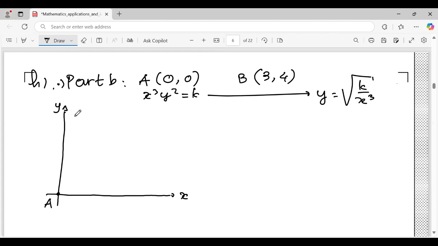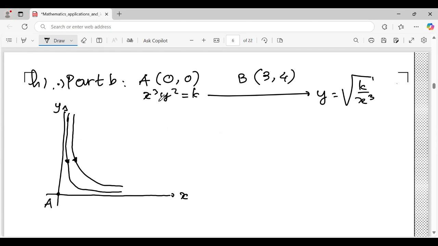These curves move outward from the origin as x increases and y decreases, like this, and the direction will be like this.